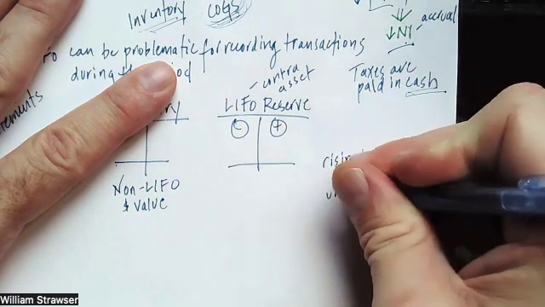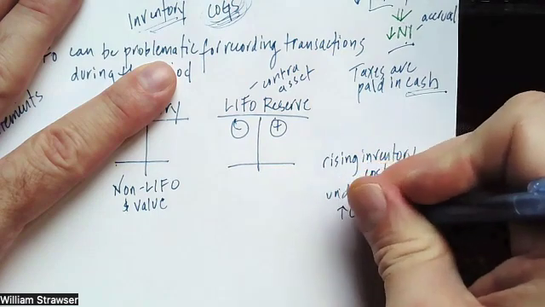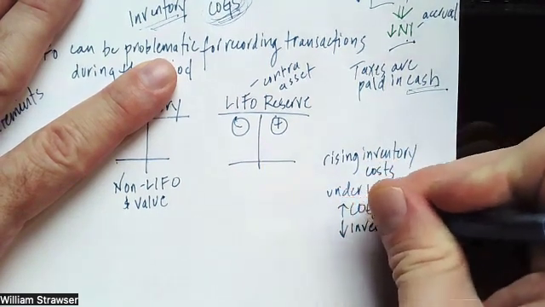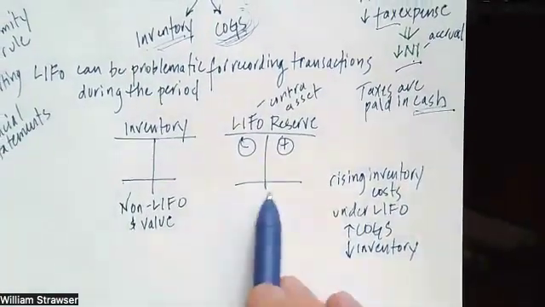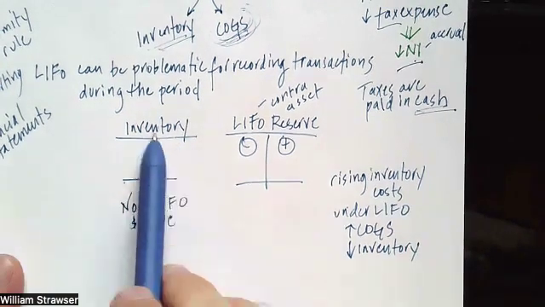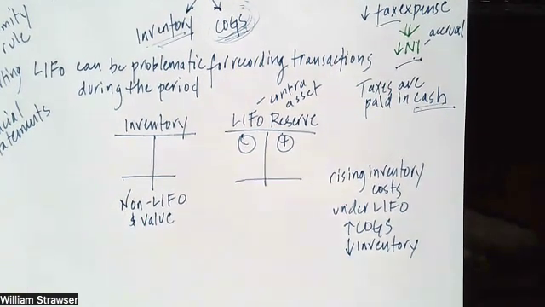Under LIFO, we report higher COGS and lower inventory value. So this contra asset tends to bring down the inventory account from non-LIFO to LIFO.